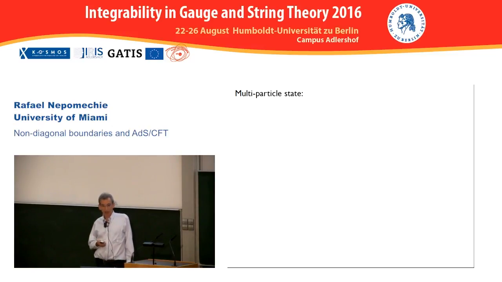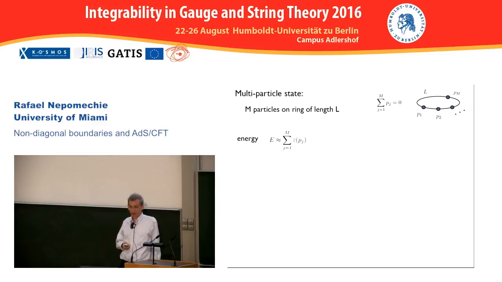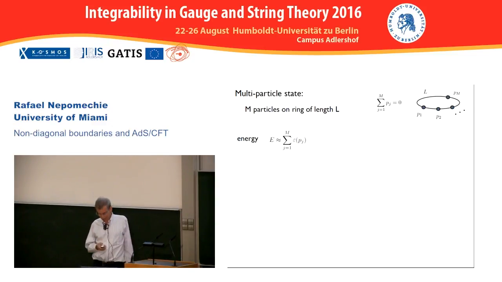So we have multi-particle states in this theory, which look something like this. You have a ring, because we're looking at periodic boundary conditions, and you have m particles on that ring, and let's say its length is L. And they should obey the zero total momentum constraint. So p_i are the momenta of these particles. And so the energy of this state is, when the particles are widely separated, roughly just the energies of the individual particles given here.